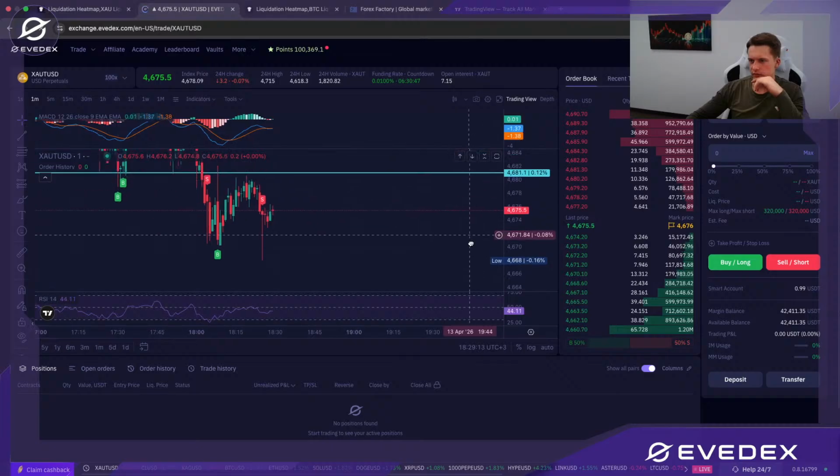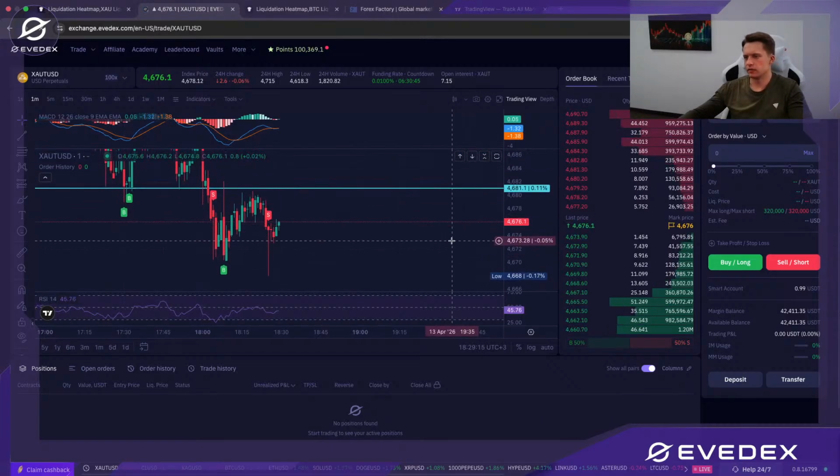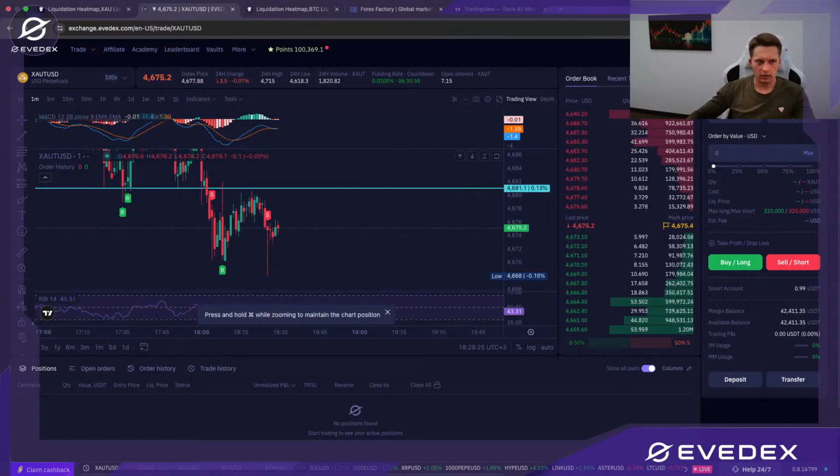And then as for gold, it seems to be struggling to get back into that key level, quite a lot.